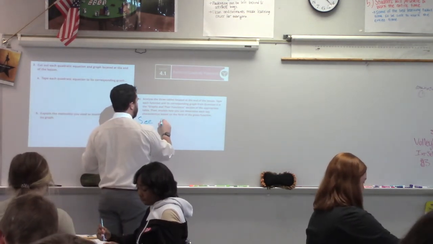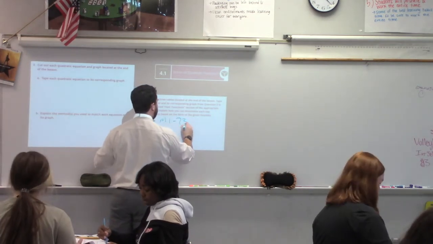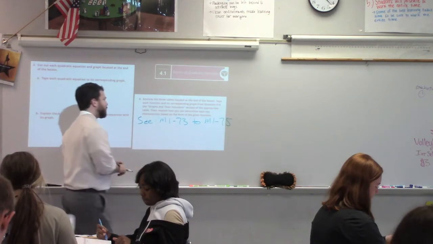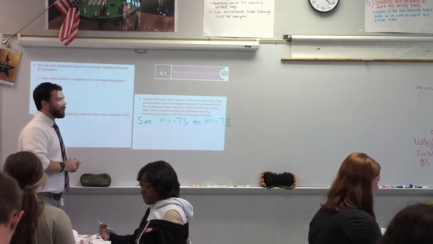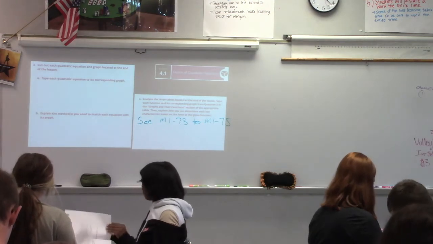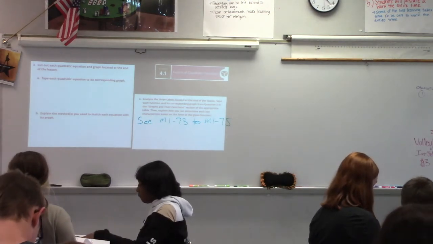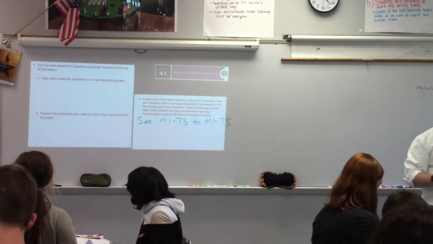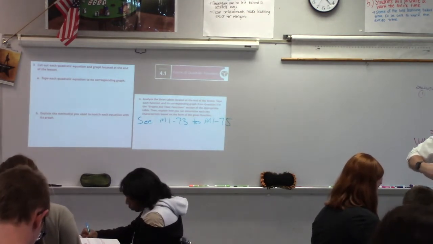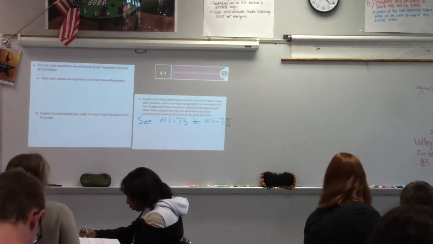So just see M1-73 to M1-75. Which page are you writing on? Oh yeah, sorry. 56 is where I'm writing this. My bad. This is page 56. But that number 4, we're just saying, hey, see M1-73 to 75. So that's where we did all of that work.